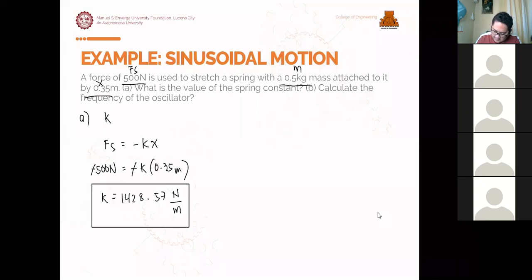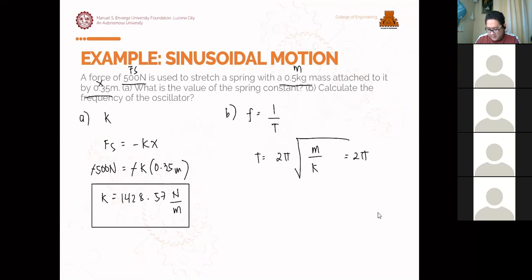Then, how can we calculate yung frequency? We need yung value ng period natin. Okay? So, period natin is equals to 2 pi square root of m over k. Then, substitute natin 2 pi square root of 0.5 kilograms divided by 1428.57 Newton per meter.